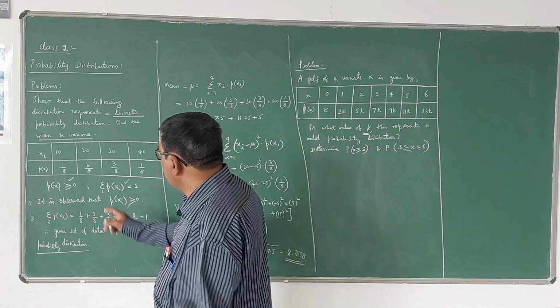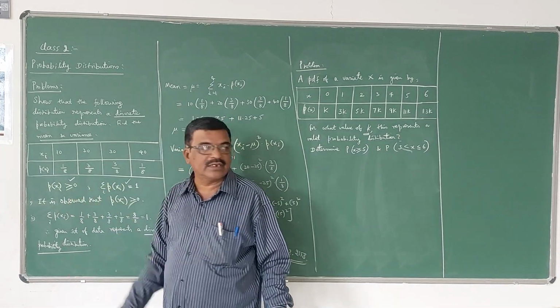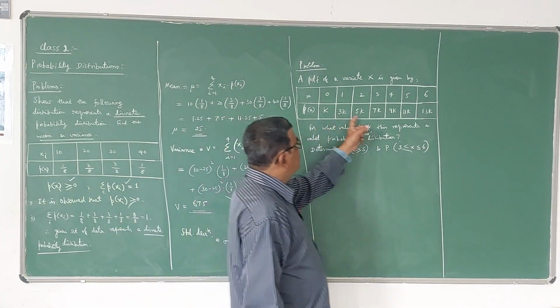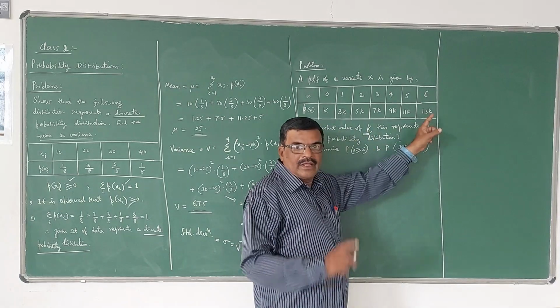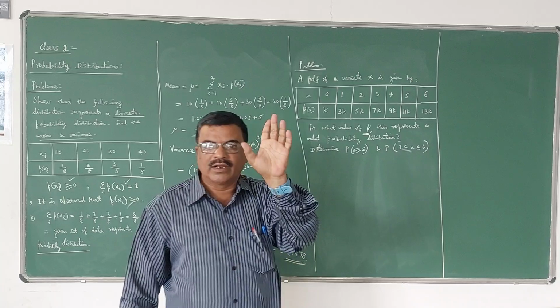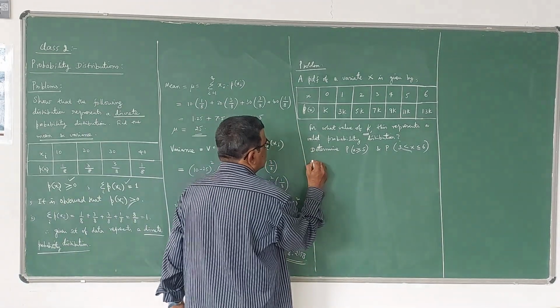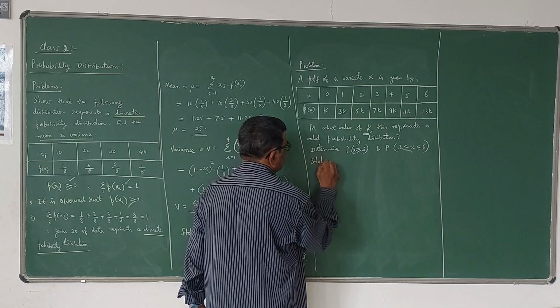I have told you these two conditions to be satisfied. First condition is all these values should be greater than or equal to 0. Second condition is if you add all these, you should get 1. That is the second condition.